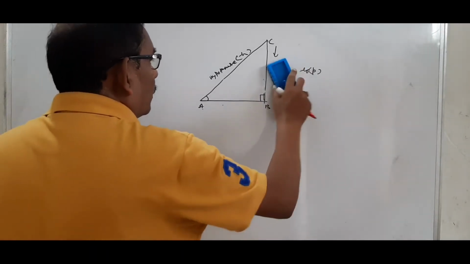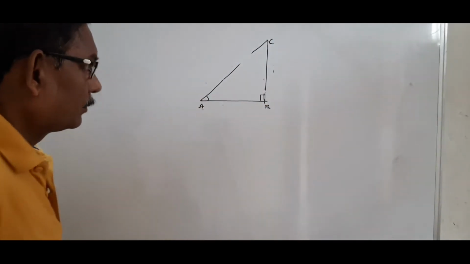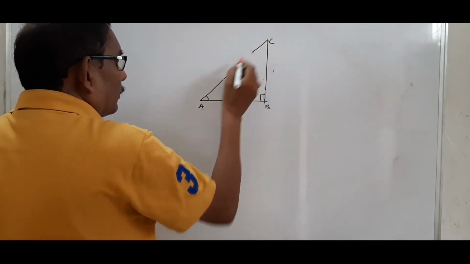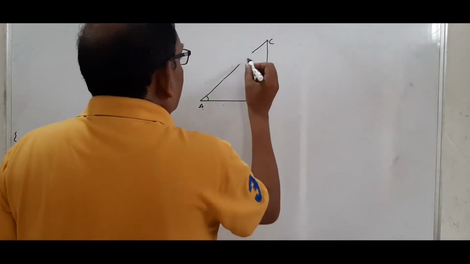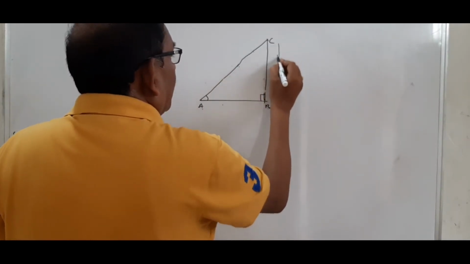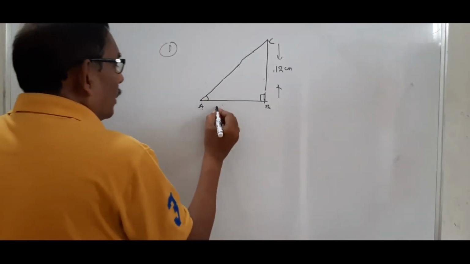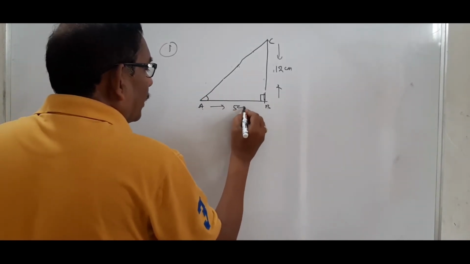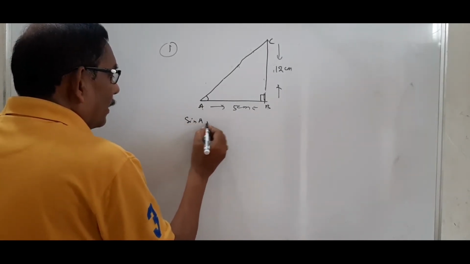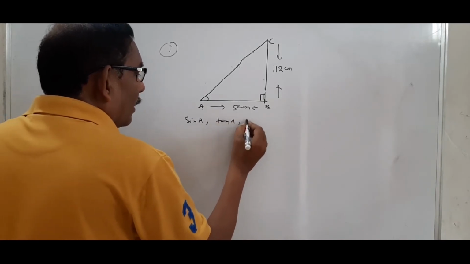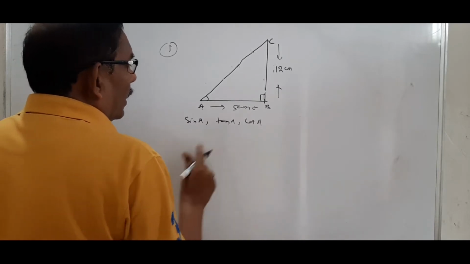Now come to solving some examples. If the perpendicular is 12 centimeters and the base is 5 centimeters, find sin A, tan A and cot A. Look here, the hypotenuse is missing.